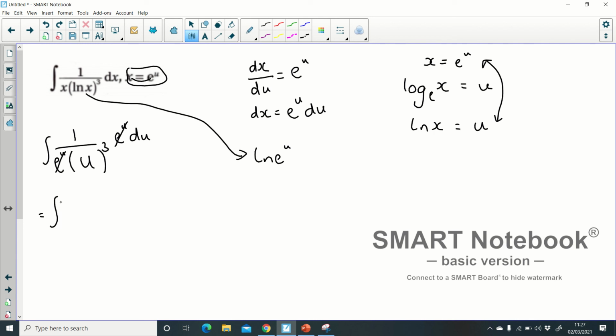And that becomes the integral of 1 over u cubed, or u to the minus 3, du. Integrating that, raise the power by 1, divide by the new power of minus 2, that's minus a half u to the minus 2, or minus 1 over 2u squared, plus c, because there's no limits.